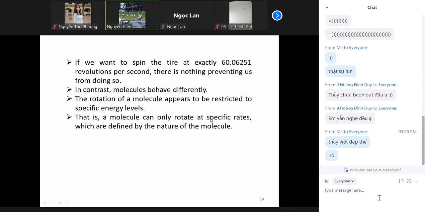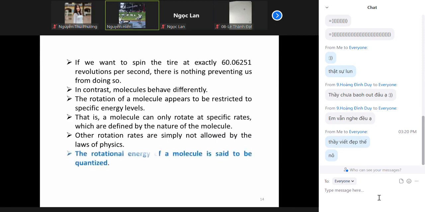And these specific rates are defined by the nature of the molecule. It is different from the rotation of bicycle tires. So the rotation energy of a molecule is said to be quantized.